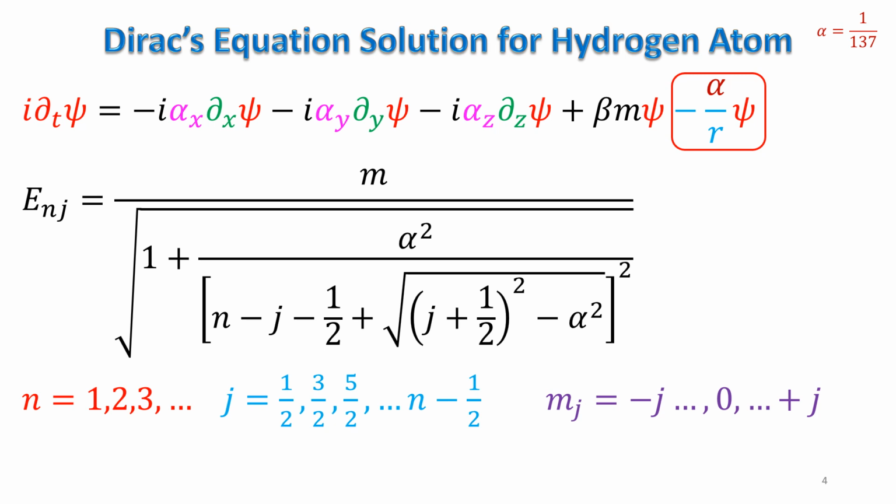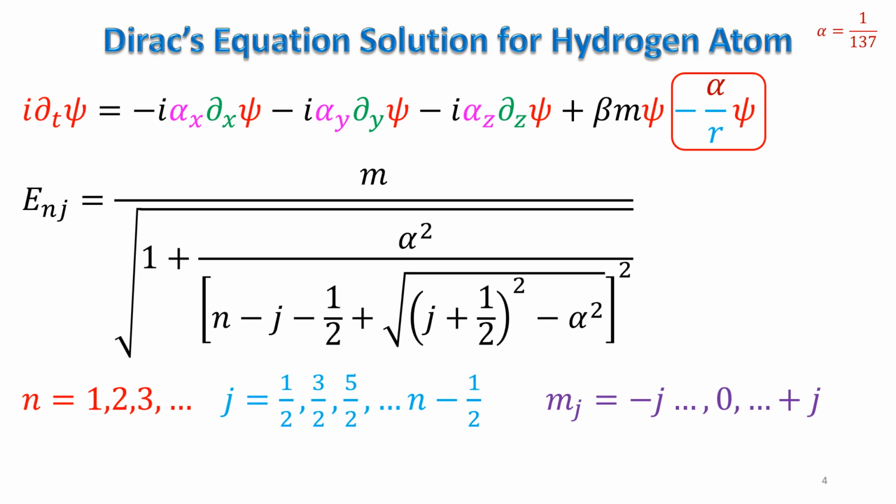It takes values 1 by 2, 3 by 2, 5 by 2, and so on up to n minus 1 by 2. Mj specifies the z component of the angular momentum. It takes all values from minus j to plus j, including 0. In fact, minus j, then minus j plus 1, and so on up to plus j.